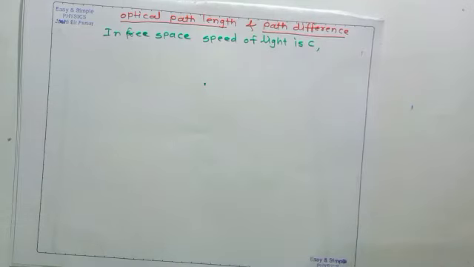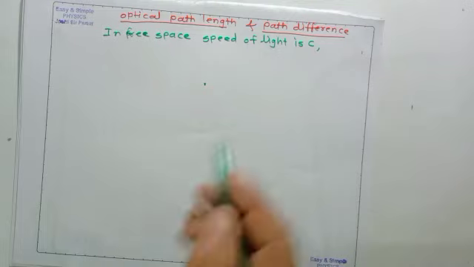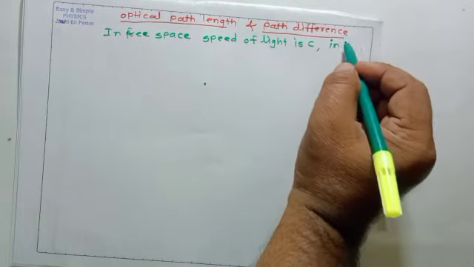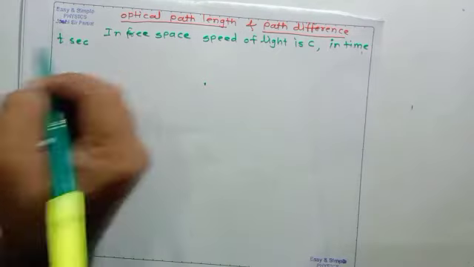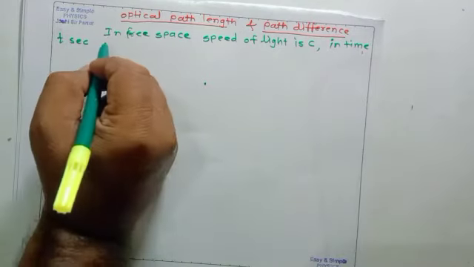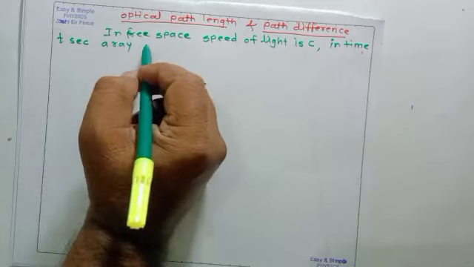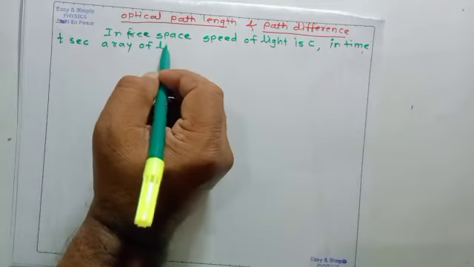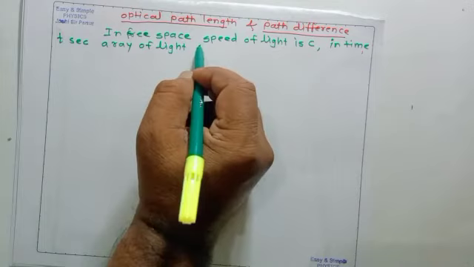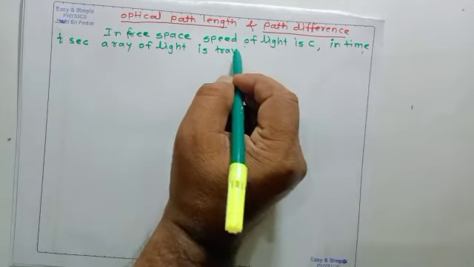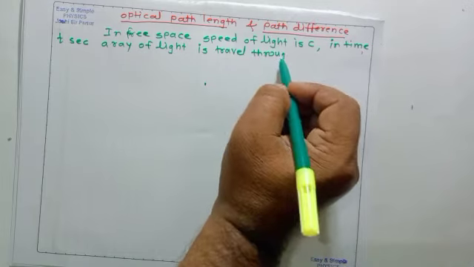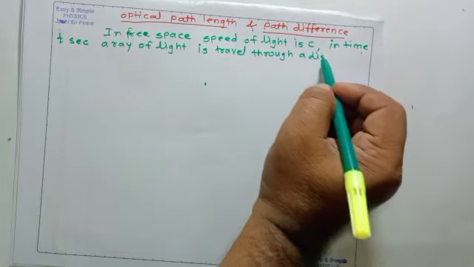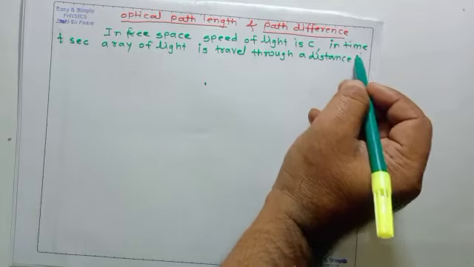In free space, the speed of light is c. In time t seconds, a ray of light travels through a distance b.